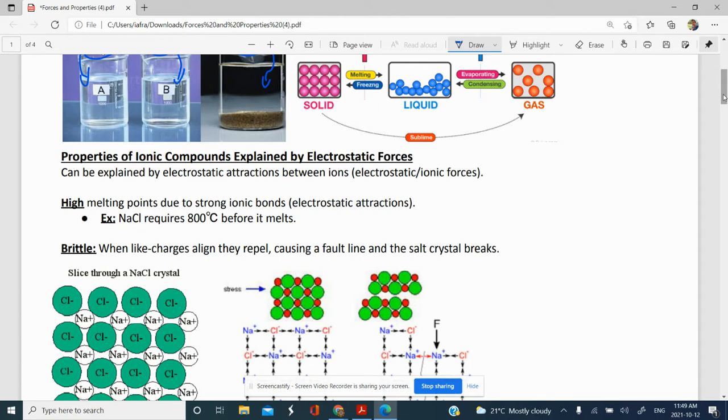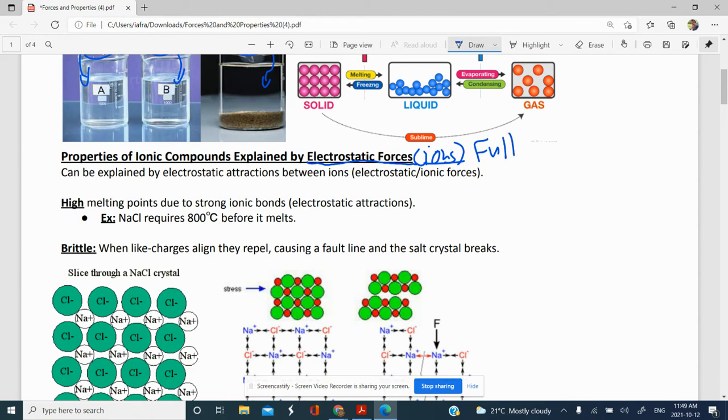We're going to start off with properties of ionic compounds, and afterwards we'll go into molecular compounds. For ionic compounds, what I want you to get is that their properties are explained by electrostatic forces. In other words, the attraction between full ions: a full plus, a full minus.